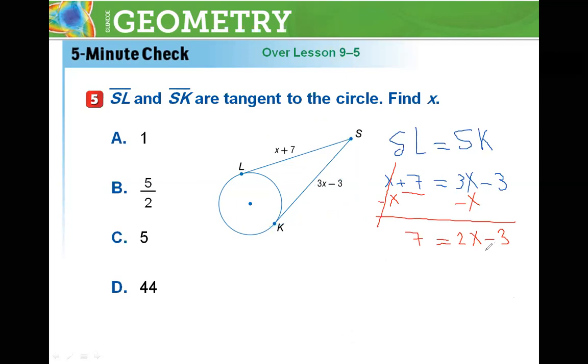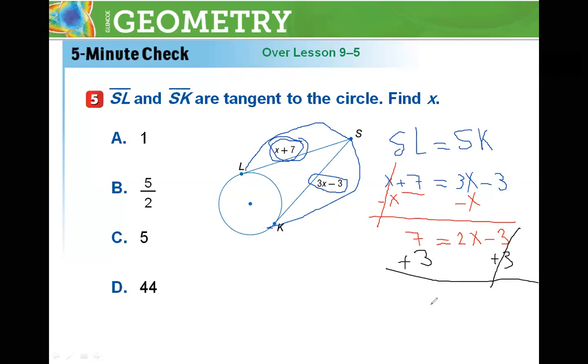Okay, I'm going to complete. So I have here to remove minus 3, so the opposite will be plus 3 here and plus 3 on the other side. They cancel. So 2x equals 10.